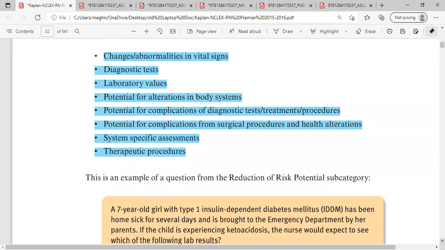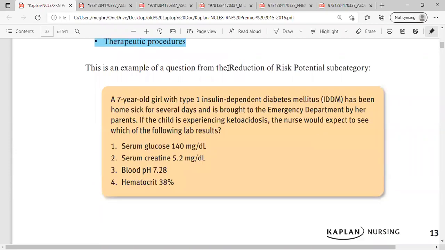So here is an example of risk potential. Let me read it here. A 7-year-old girl with type 1 insulin-dependent diabetes mellitus has been at home sick for several days and is brought to the emergency department by her parents.